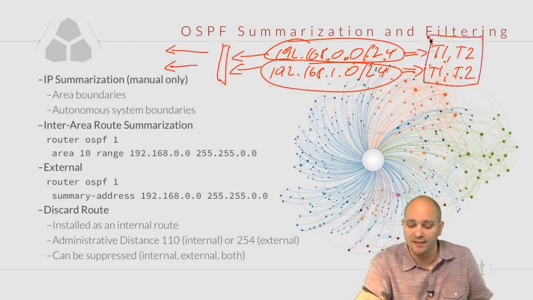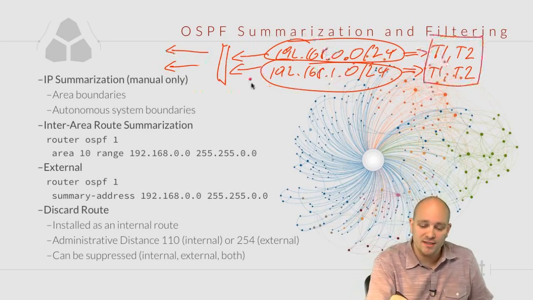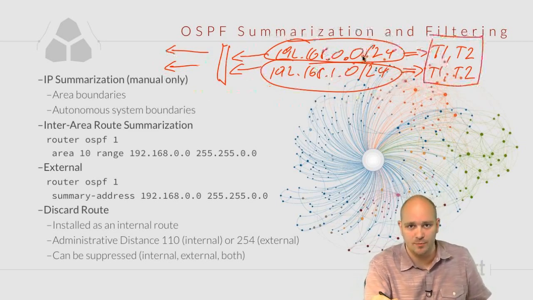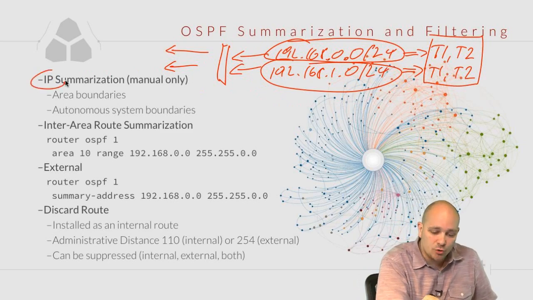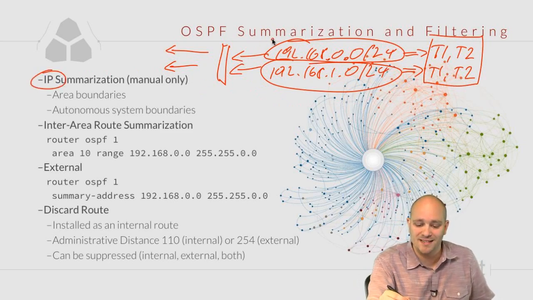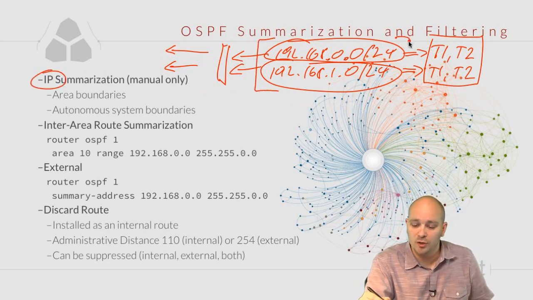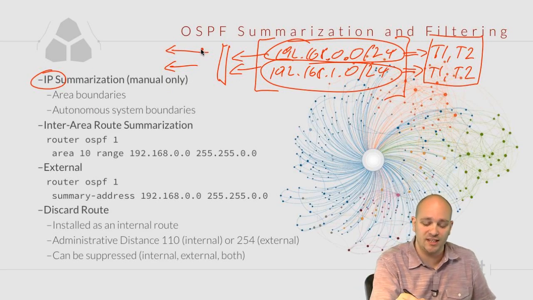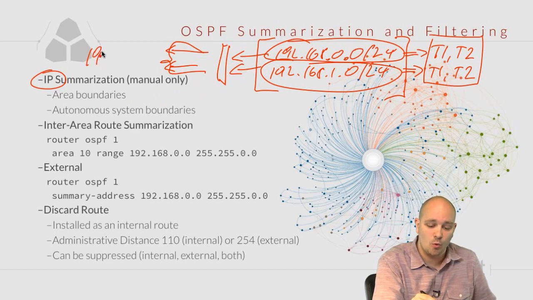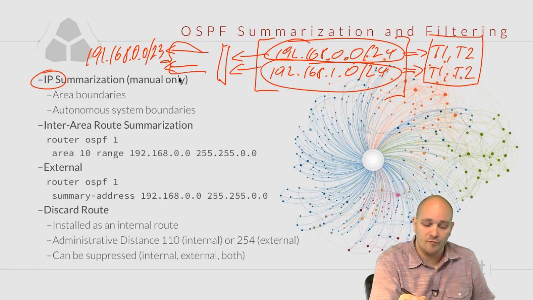What we are summarizing is the information in the LSAs here, but we are not necessarily performing an IP summarization. But we can do the IP summarization as well, but this needs to be manually configured. So we could advertise these two networks here as a single network. We could advertise it here as 192.168.0.0/23, for example.